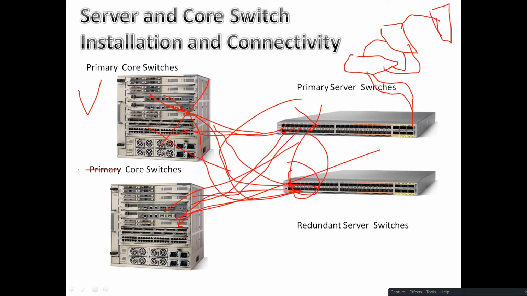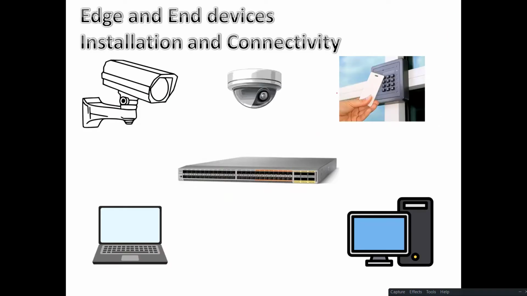Sorry, this one is the secondary; my writing is not good. So this is the connectivity of the primary and secondary core switches to the server switches and redundant server switches. Let's go to the last one, which is our edge buildings.